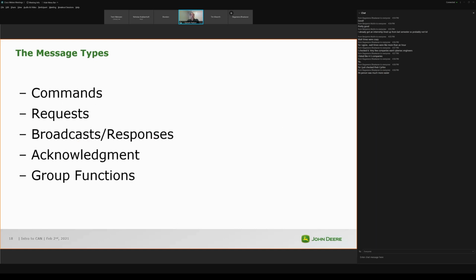For a command, there's an identifier number which tells you this is a command message, and the data will tell you what that command is, similar to request and things like that.